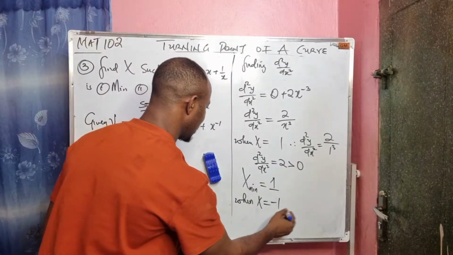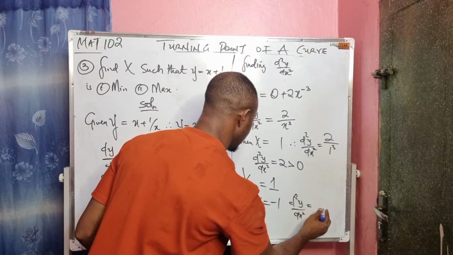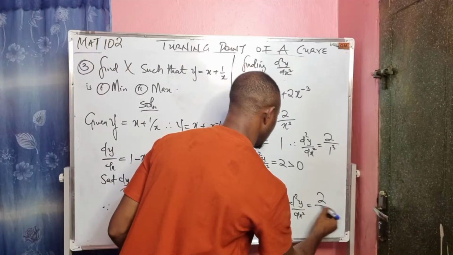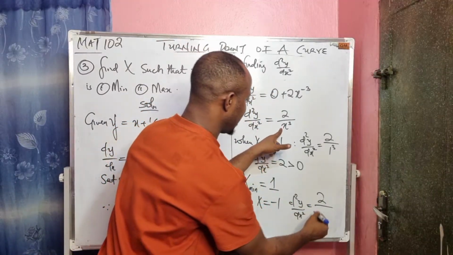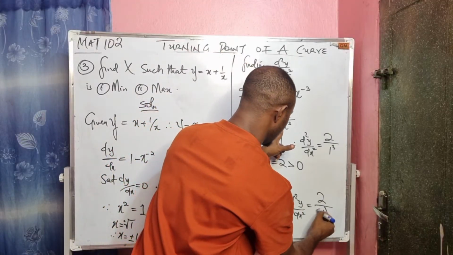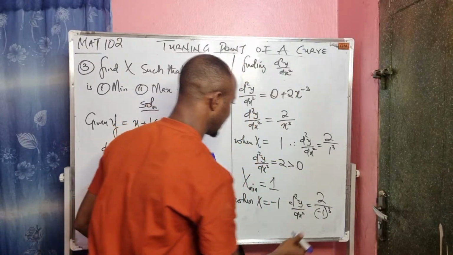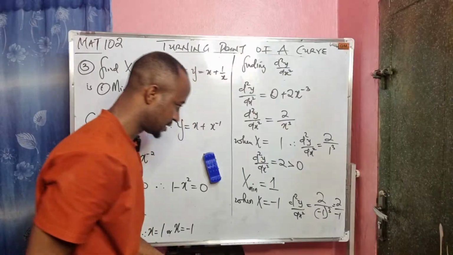Let's check this out. That will give us d²y over dx² equal to the same 2 divided by, okay, our x here has power 3, so we have minus 1 to the power of 3, and that will give us 2 divided by minus 1.